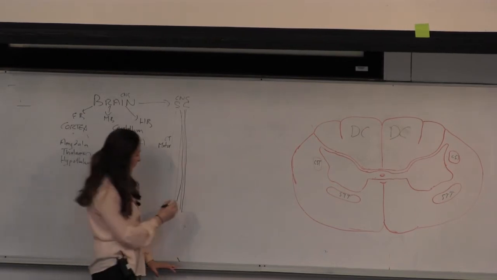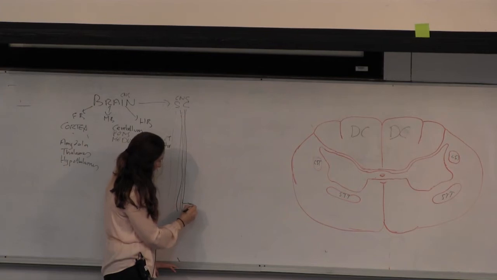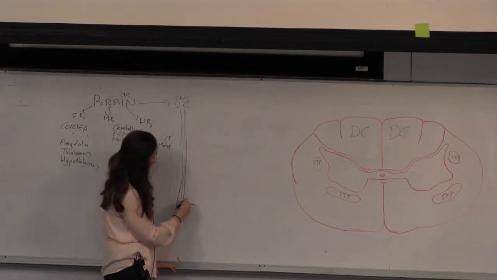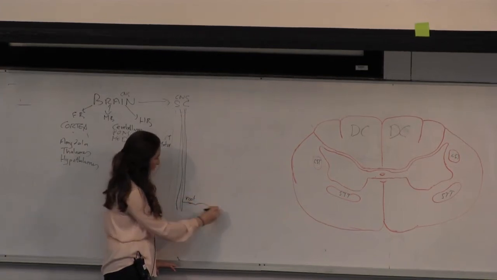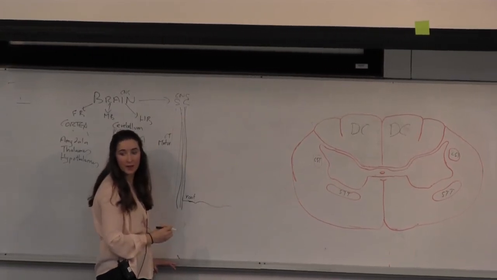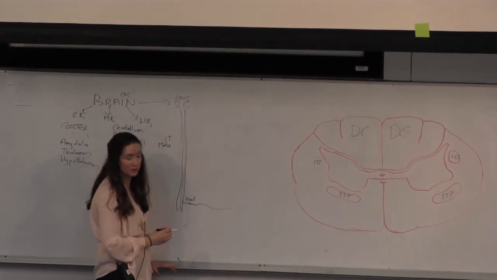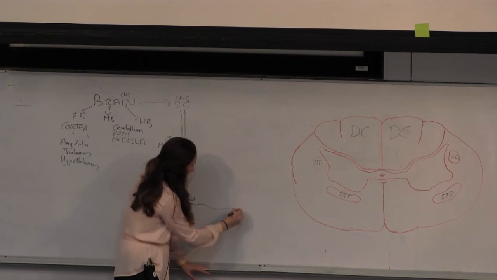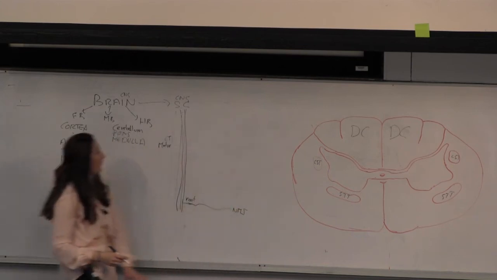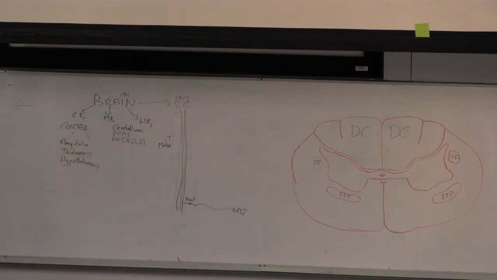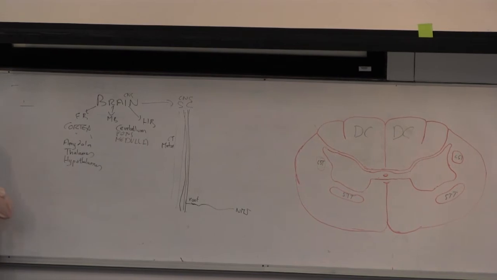Nerve roots first, and then we call this the root. Then the peripheral nerve. And what else? Then your neuromuscular junction. Very good. There will be no prizes for who did the better drawing today, but you can see how this is so much more helpful.